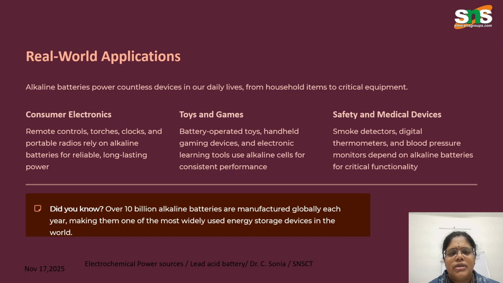Toys and games: battery-operated toys, handheld gaming devices and electronic learning tools use alkaline cells for consistent performance. Safety and medical devices: smoke detectors, digital thermometers and blood pressure monitors depend on alkaline batteries for critical functionality.